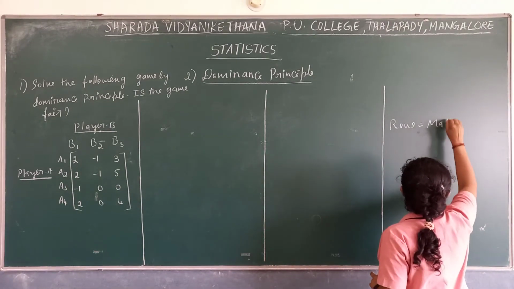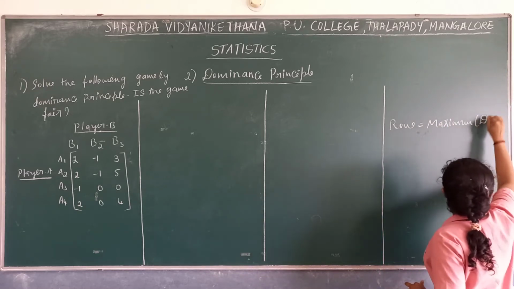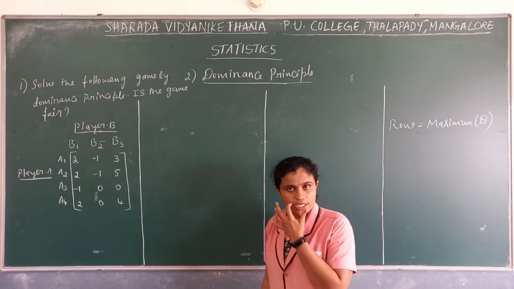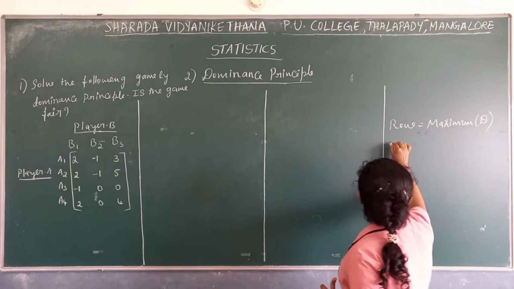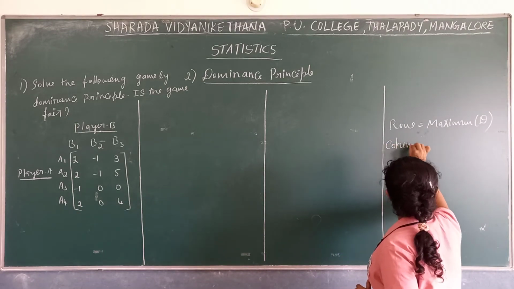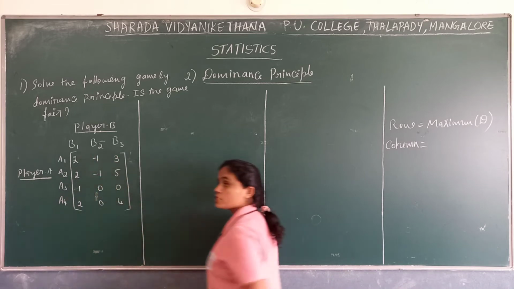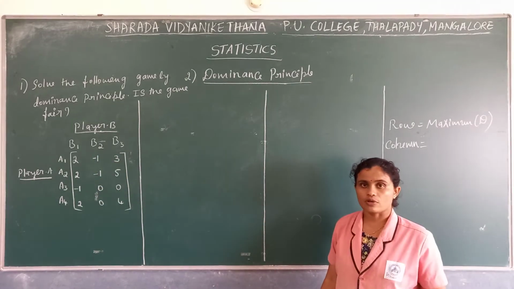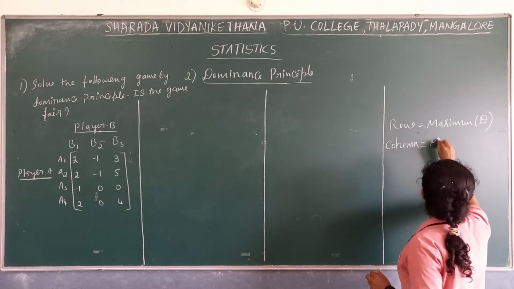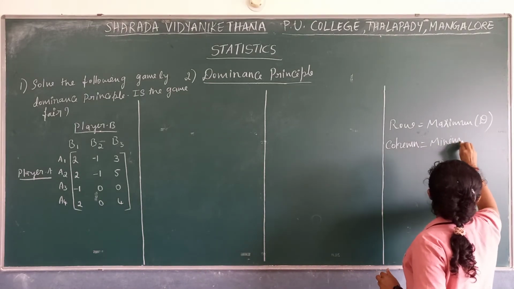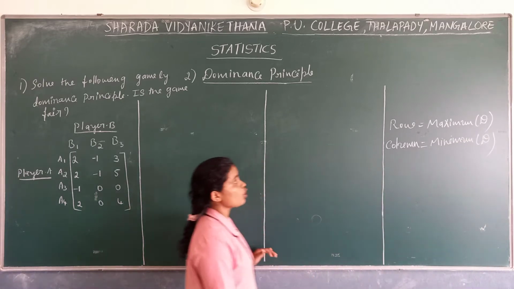But in column-wise comparison, the column which has the smallest or minimum value, we call it the dominating one.